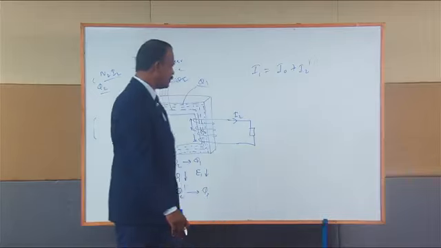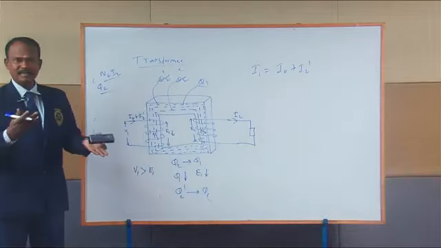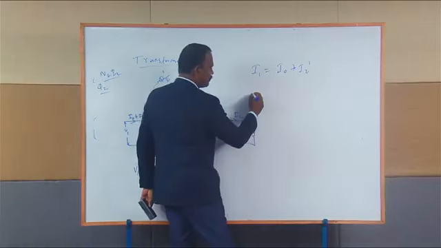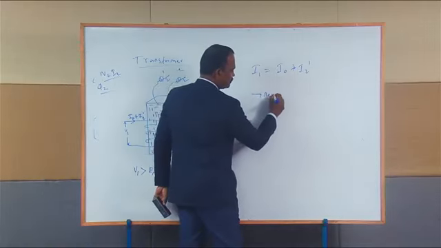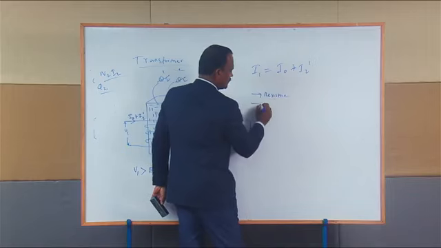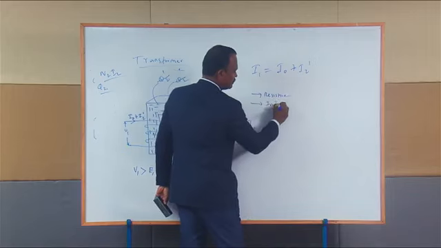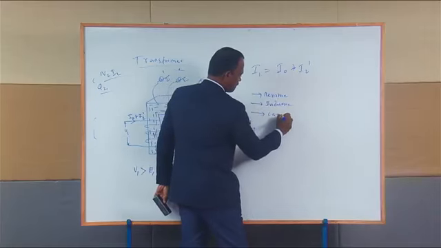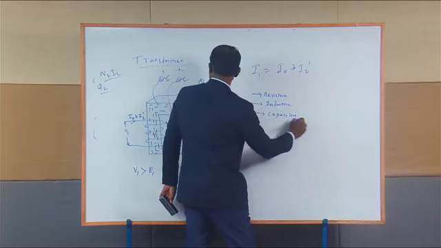So we know in general we have three types of loads in a power system. The first type of load we call a resistive load. The second one we call an inductive load, and the third one we call a capacitive load.